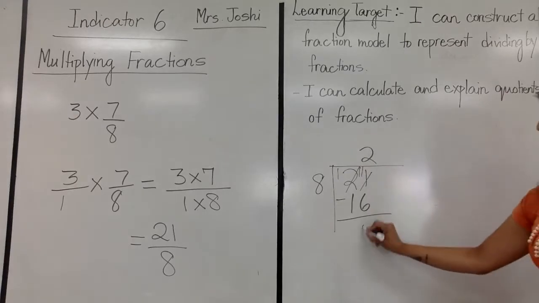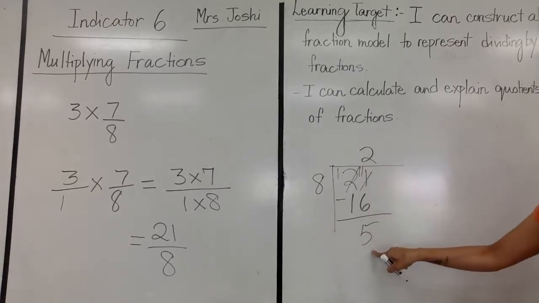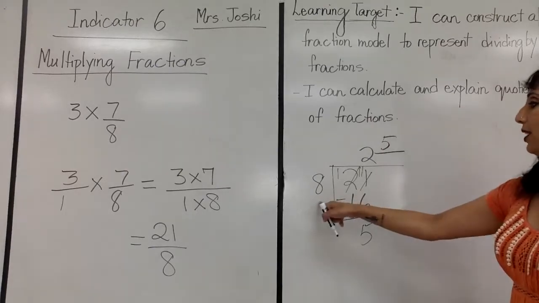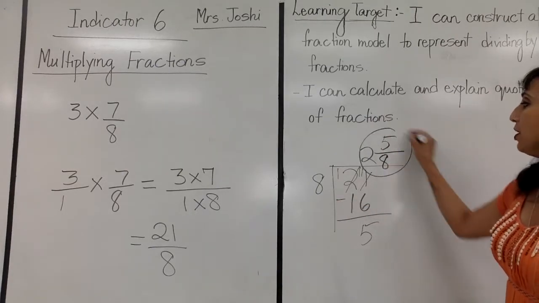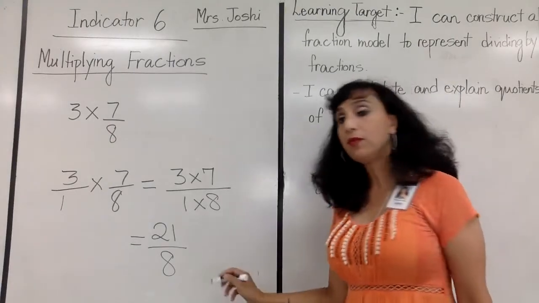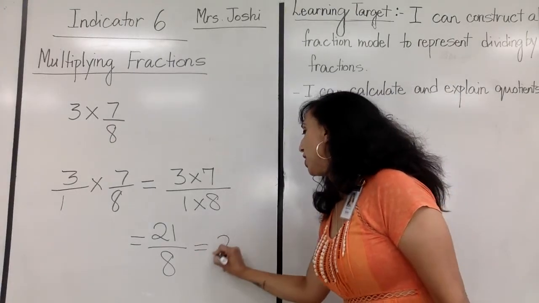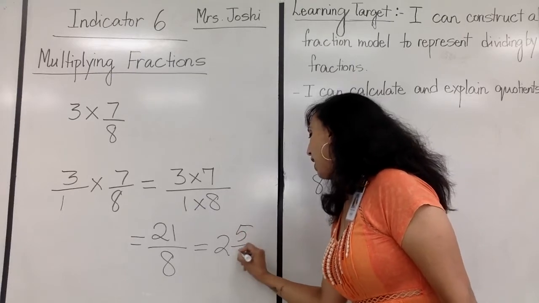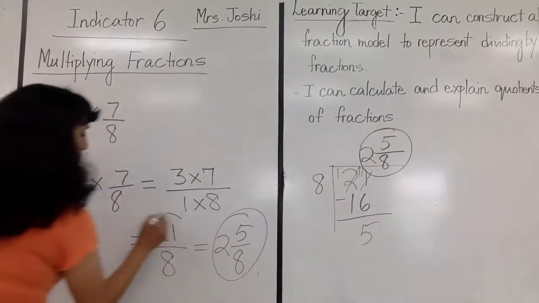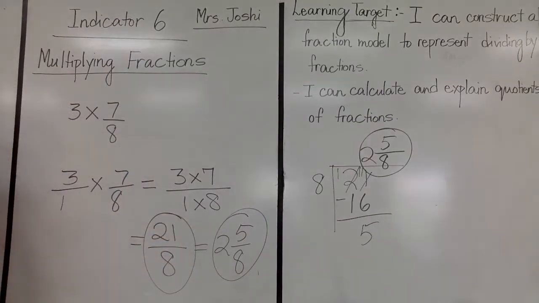And 11 minus 6 is going to give me 5. Remember, the remainder always goes on the top as the numerator, and the denominator is 8. So either you can write 21/8, or you can write 2 and 5/8 as the answer. So either of these will be correct.